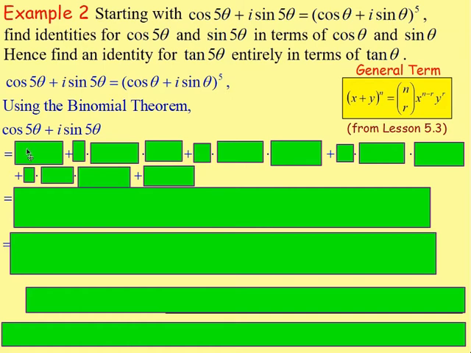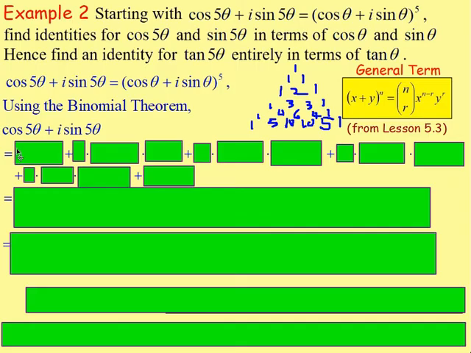If you use Pascal's triangle to work them out, if we write that very quickly, you'd have 1 1, then 1 2 1, then 1 3 3 1, then 1 4 6 4 1, and then finally 1 5 10 10 5 1.